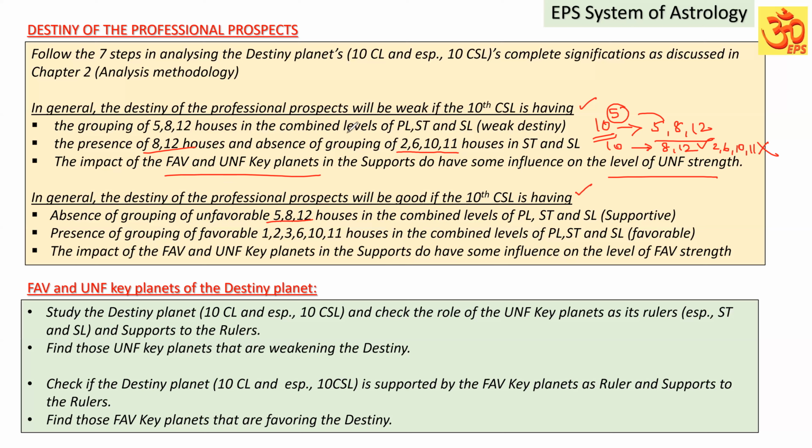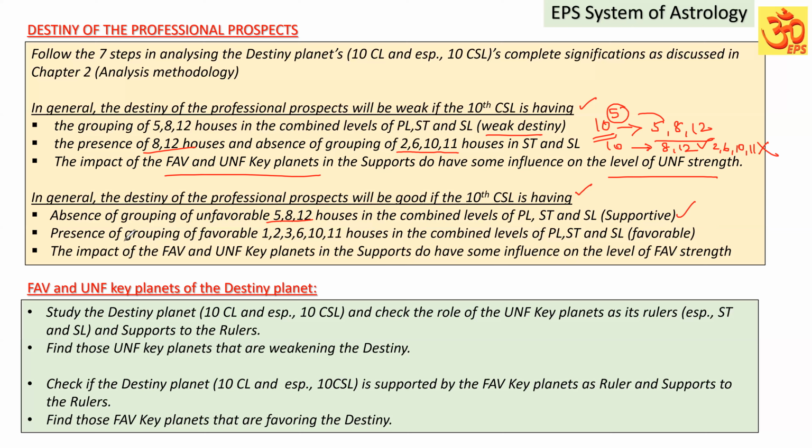Here we talked about the presence of 5, 8, 12 houses grouping in the combined levels of planet, star, and sublord making the destiny weak. Absence of this grouping makes the destiny supportive for the event. First one is absence of the unfavorable grouping, making the destiny supportive for the professional prospects.